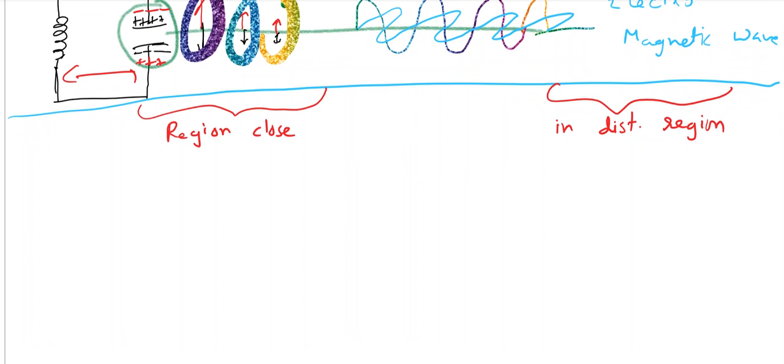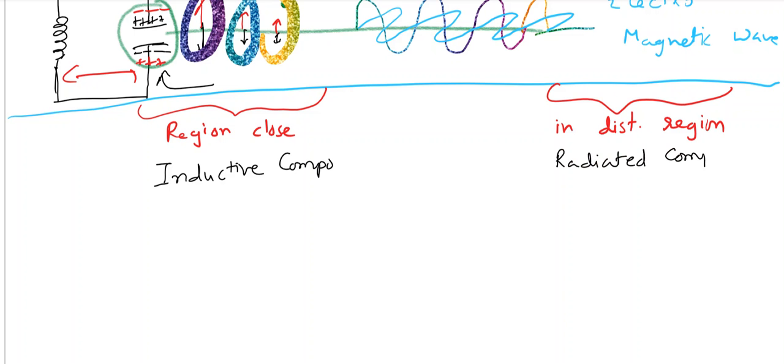The components of the electric and magnetic field in the region closer to the source are known as the inductive components of the electric field and magnetic field, whereas if you go far away from the source, those components are known as the radiated components of the electric field and magnetic field.